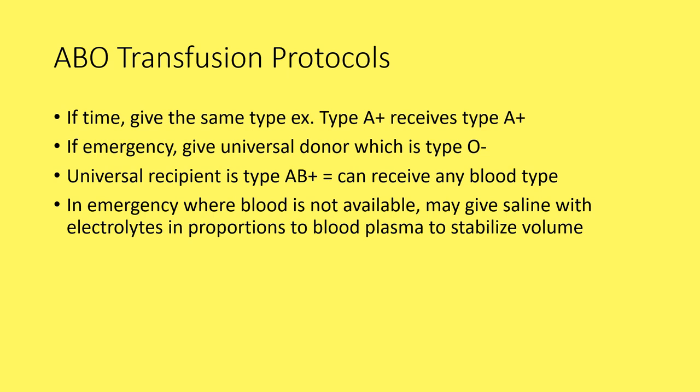In an emergency where you don't have enough blood available, you can start to give saline that has electrolytes in it that matches what the blood plasma levels are in an effort to stabilize the volume, because the body's going to respond and try to keep the blood volume as constant as possible. Now, within the body, it adjusts where you need maybe a little more blood here, a little less blood there, but overall the volume remains fairly constant.